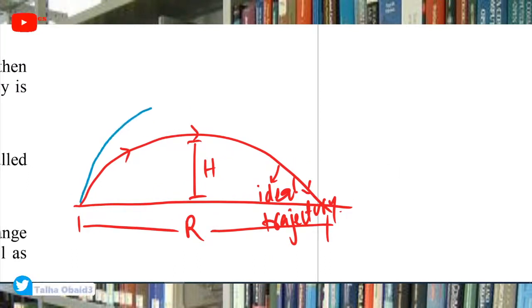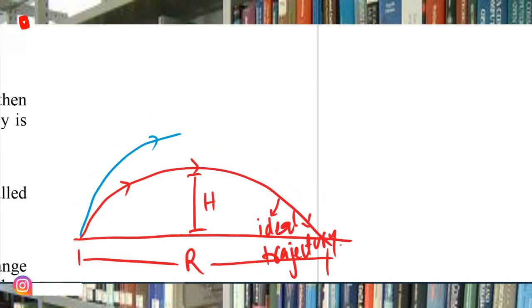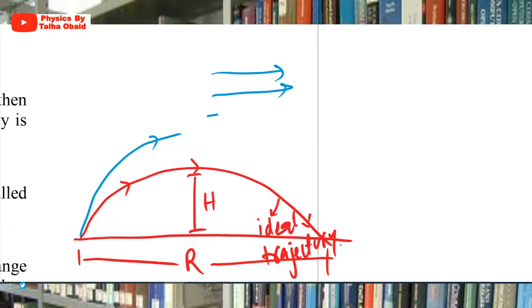Now throw the ballistic missile like this, and it is going far away. Let us consider there are some strong winds in the same direction as the ballistic missile, supporting its trajectory. So what would happen now?